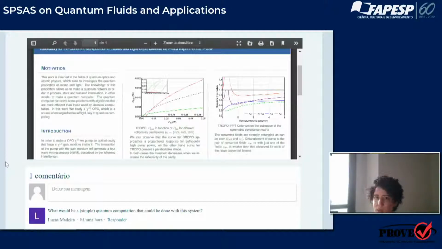Then when we include the antisymmetric bases and study the entanglement, we find that signal and idler don't behave very differently from the behavior you have when you study just the symmetric part, but pump shows more entanglement.